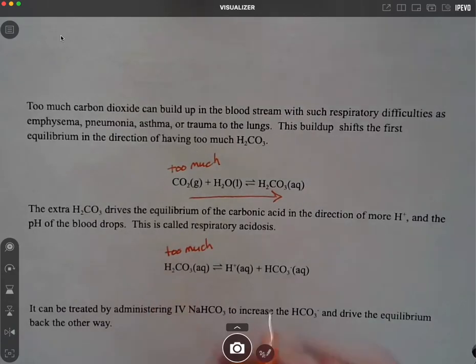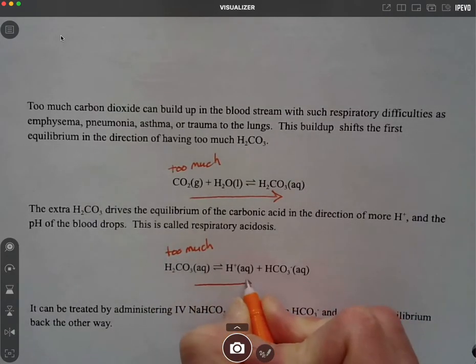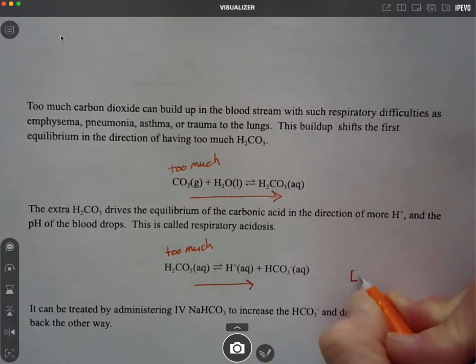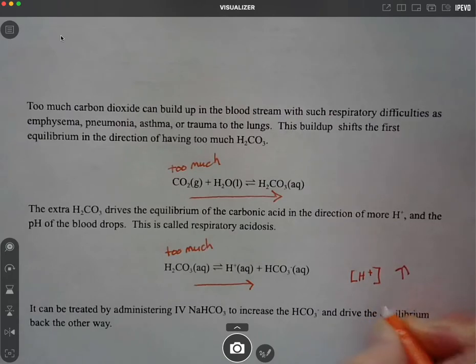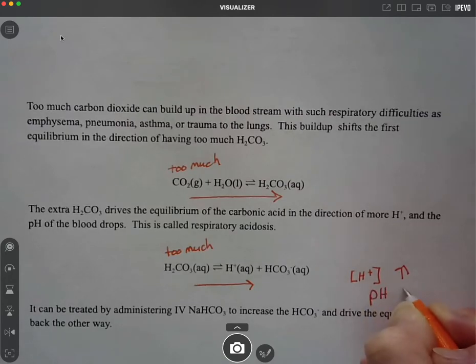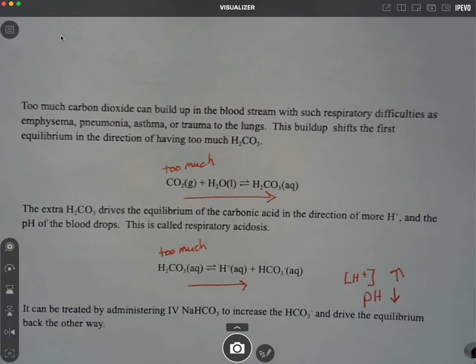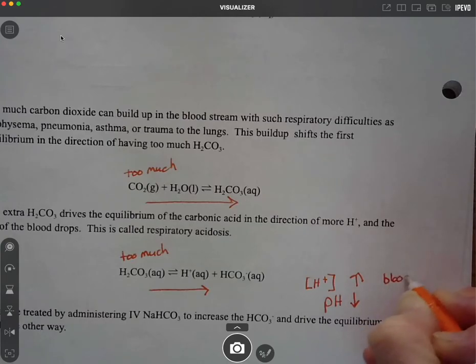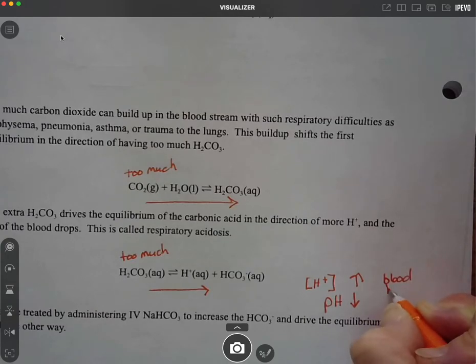And once you've got too much of this, this equilibrium shifts this way. The hydrogen ion concentration goes up. And as that hydrogen ion concentration goes up, the pH goes down because your blood becomes too acidic.